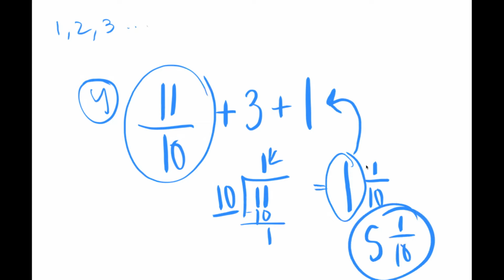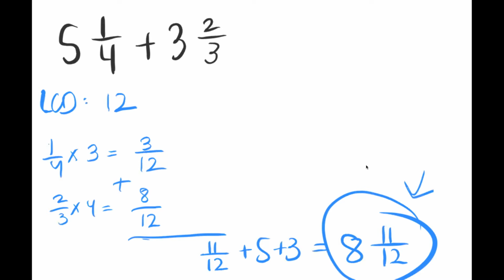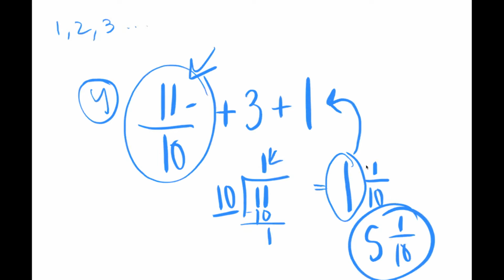And that's only if your answer looked like this, and you had a bigger number on top. That's when you would do the long division to get a whole number and then add in your original numbers from your problem.